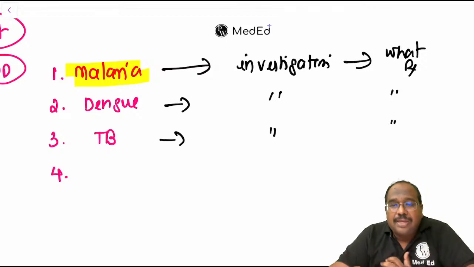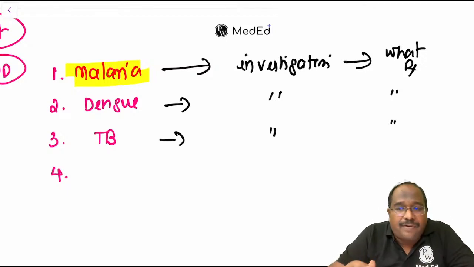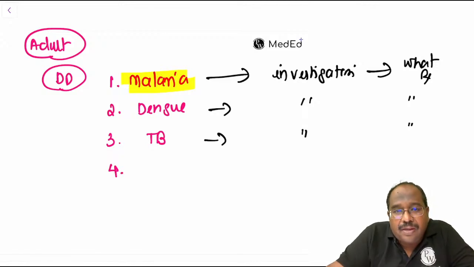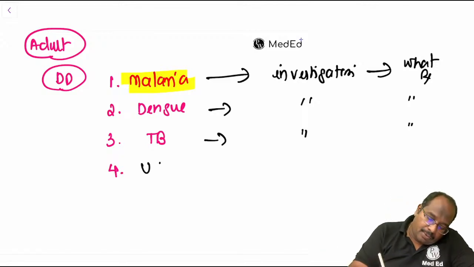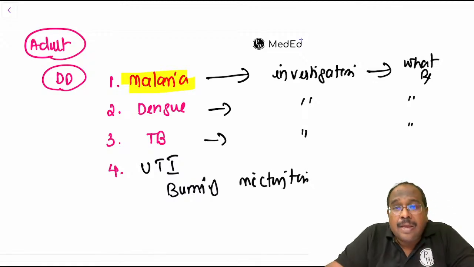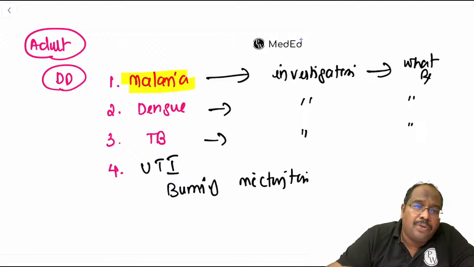You understood? In a case of fever, we cannot make a definitive diagnosis. We can give the differential diagnosis. It may be a viral fever, or it may be a UTI. UTI means the patient will have burning micturition. Like that you can make a differential diagnosis, and you can say, sir, this is the investigation I would like to do. If it is confirmed, this is the treatment I would like to give.